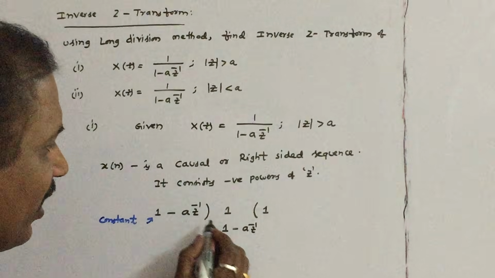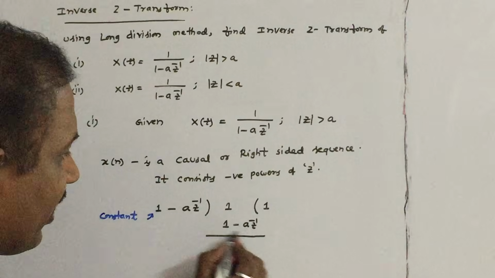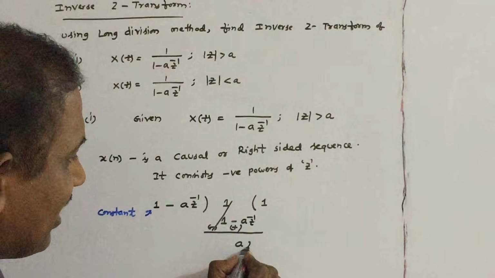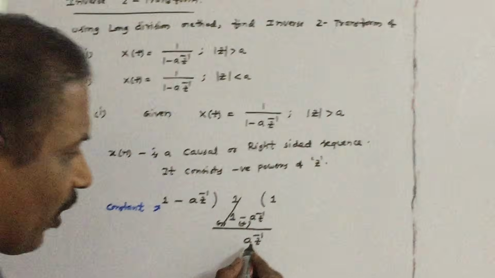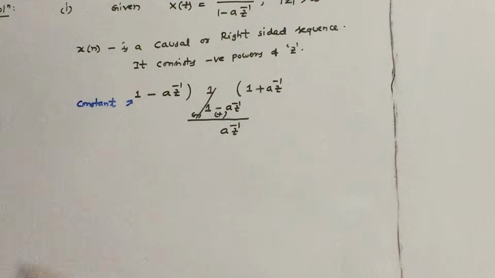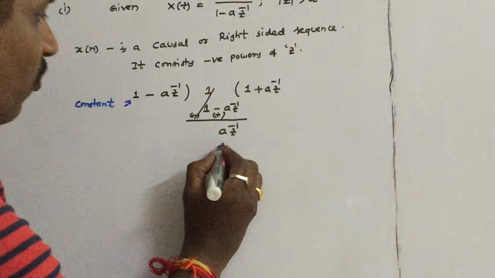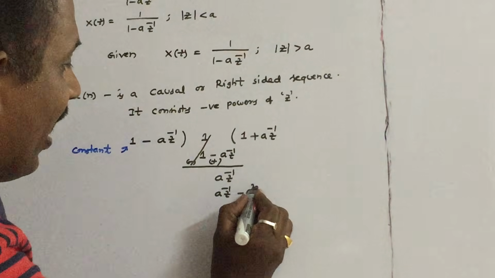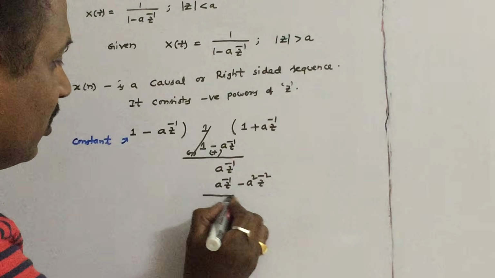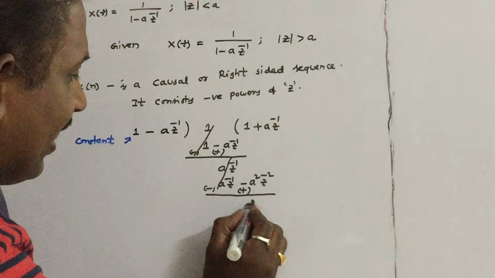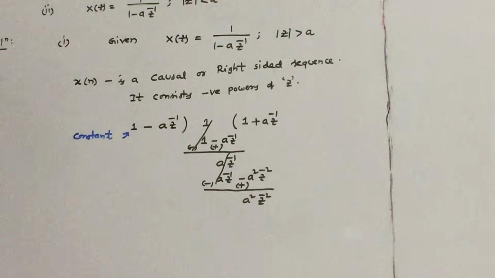Minus a z inverse into 1 is minus a z inverse. So cancel out these two, and 1 cancels out. What remains is a z inverse. To cancel out a z inverse, multiply with a z inverse. A z inverse into 1 is a z inverse, minus a square z power minus 2. Cancel out these two, leaving plus a square z power minus 2.